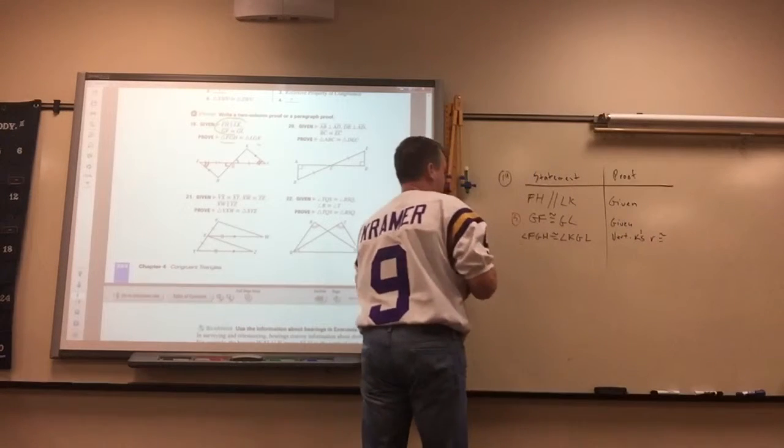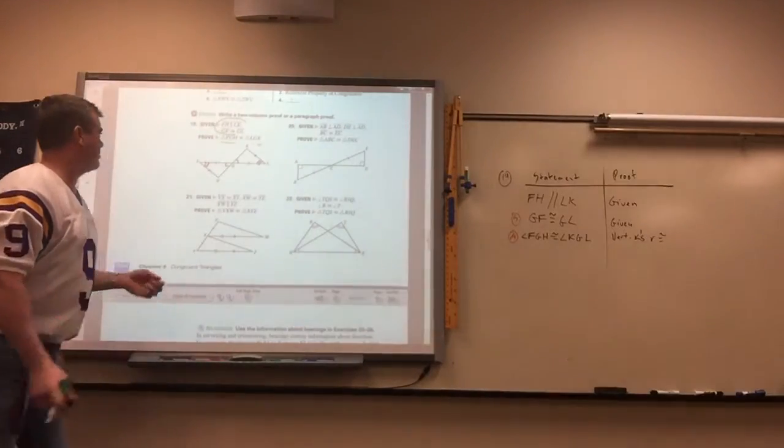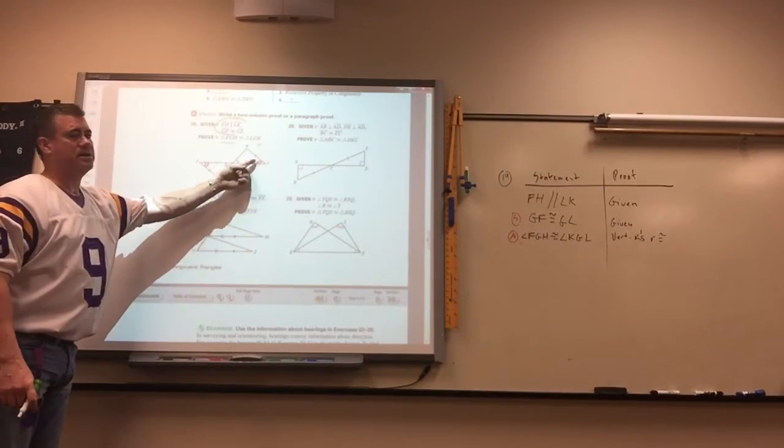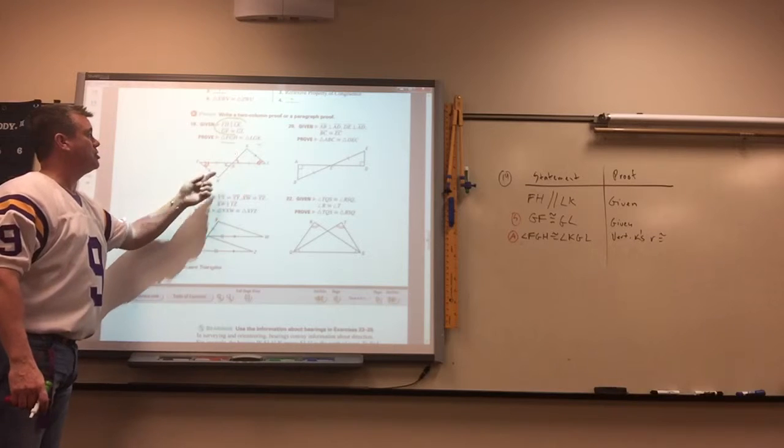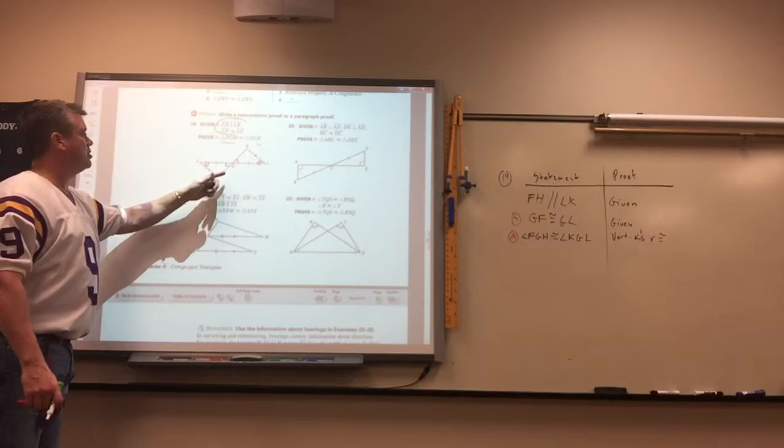So there I got another angle. Then I got a choice. I could either say these two are congruent because they're alternate interior, or these two. It really doesn't matter which one. Since I already have these marked, I'll do these two.